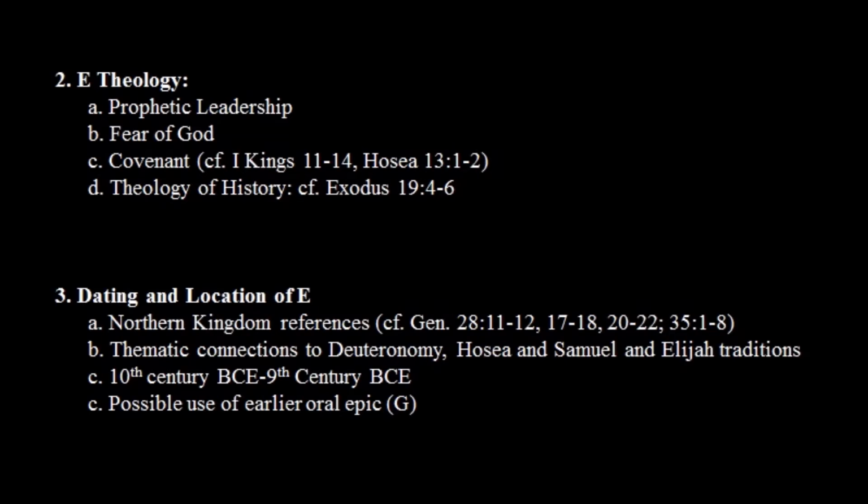One of the things that we find in E, and we're going to see this in J as well, is that God can physically appear in more than one place at a time. And this was part of the way people believed in the ancient Near East, that their gods, when you had a name of a place, the god of a place, that didn't mean that it was a different god from a similar named god at a different place.